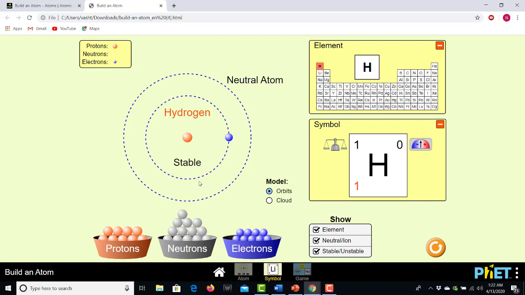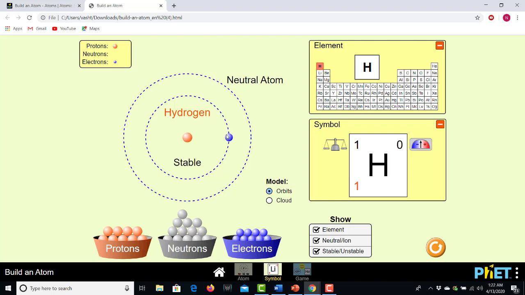Like the Earth orbiting around the sun, an electron orbits around the nucleus of an atom. And so again, the dashed circles represent orbits or energy levels that the electrons travel in as they circle or orbit around the nucleus.